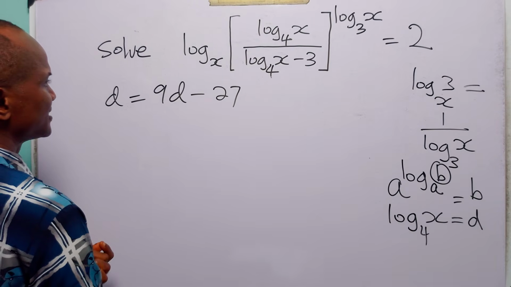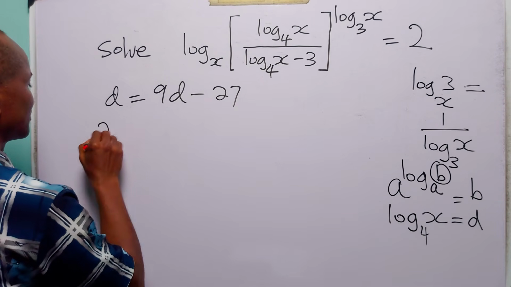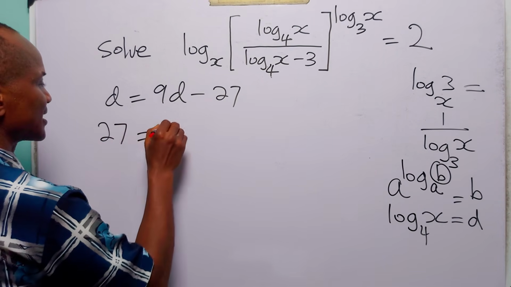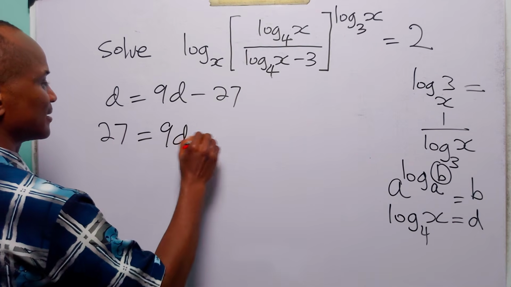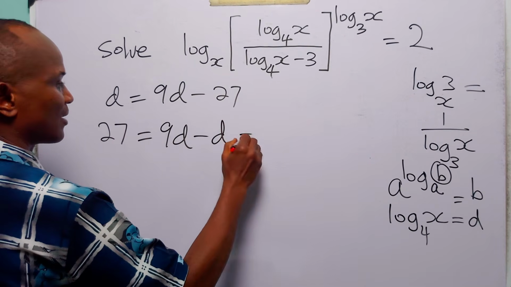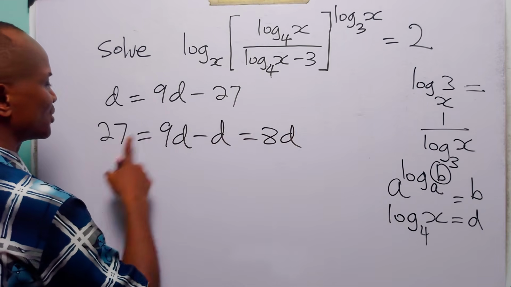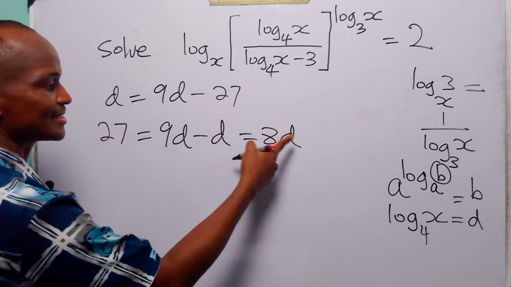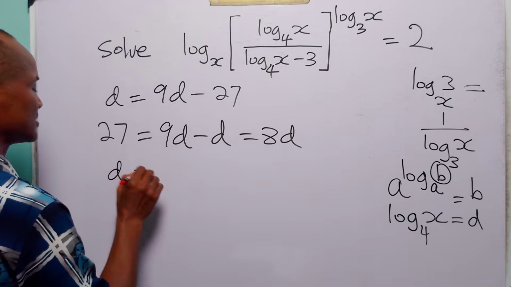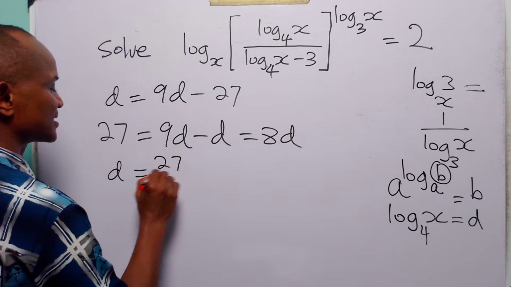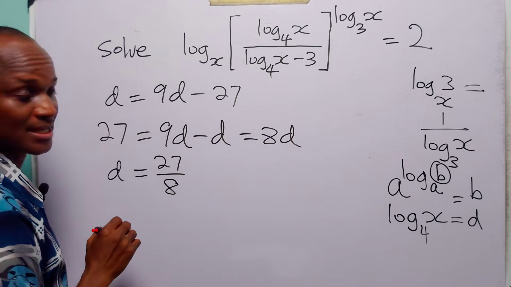And when we rearrange this equation, we have that 27 is equal to 9d minus d. Now, 9d minus d is 8d. Dividing both sides of this equation by 8, we have that d is equal to 27 over 8.